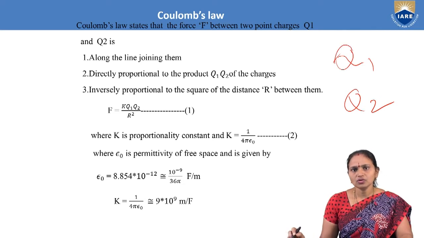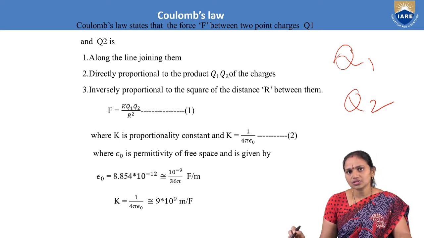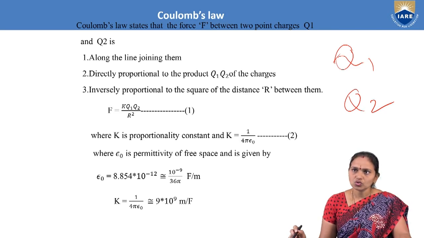If we have two point charges, then they experience some force on each other. Q1 can exert some force on Q2. Similarly, Q2 can exert some force on Q1. Now we use Coulomb's law to calculate what amount of force Q1 exerts on Q2, and similarly what amount of force Q2 exerts on Q1.